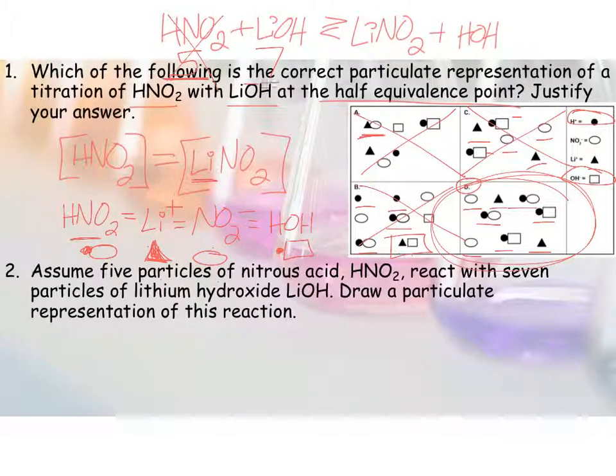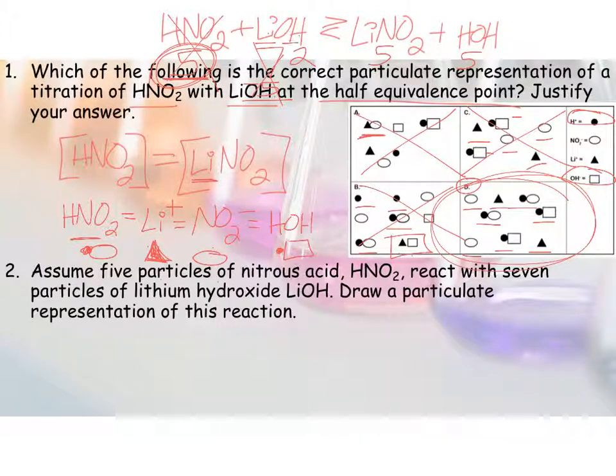And because we have a 1-to-1 ratio, we subtract out those 5 molecules. We will have 2 molecules of LiOH that are excess. Because we had the 5 of our acid, we made the 5 of our conjugate base, and we also made 5 of our waters.